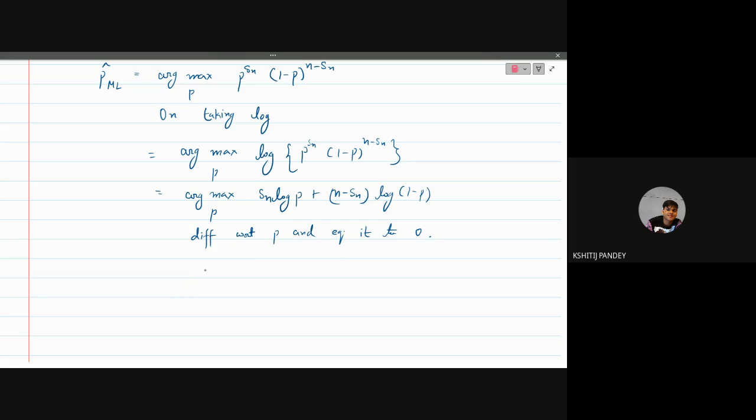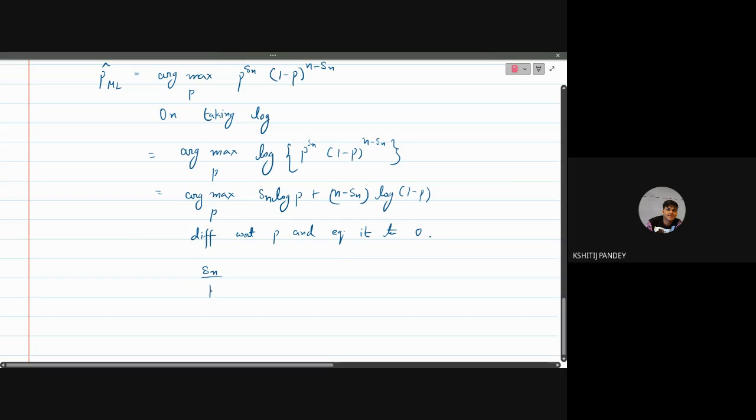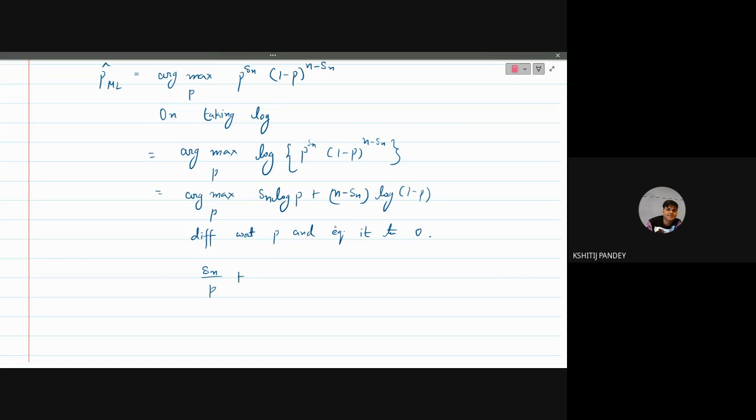We get Sn by p plus, here we'll have minus of n minus Sn by 1 minus p equated to 0.